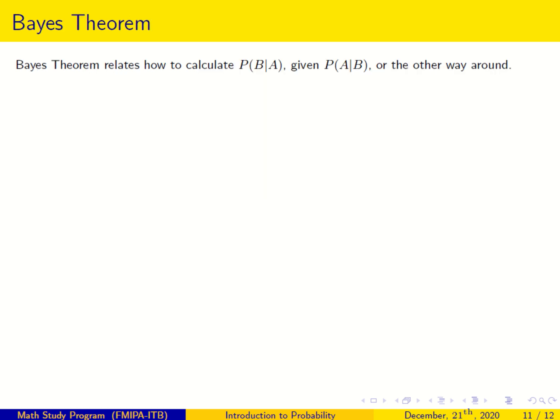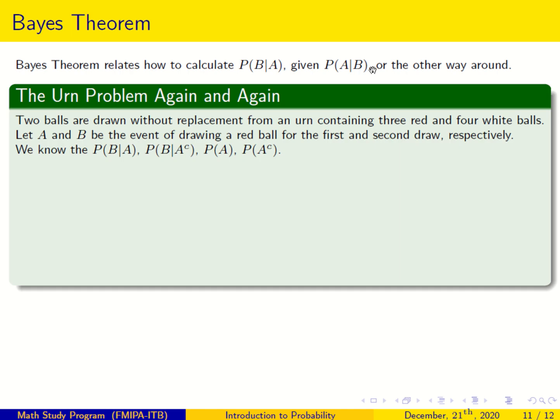Okay. And lastly is the Bayes theorem. Bayes theorem relates how to calculate probability B given A if given a probability of A given B, or the other way around. So back to the urn problem again. A is drawing red on the first draw, B is drawing red on the second draw.